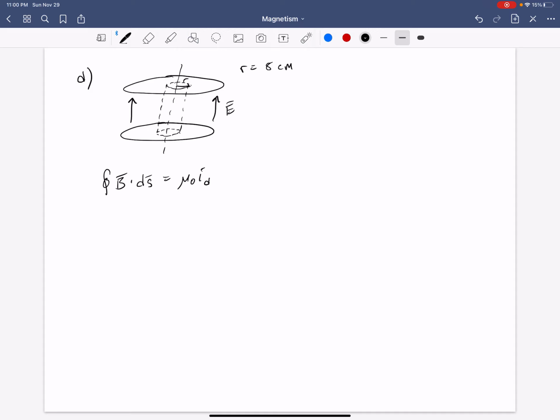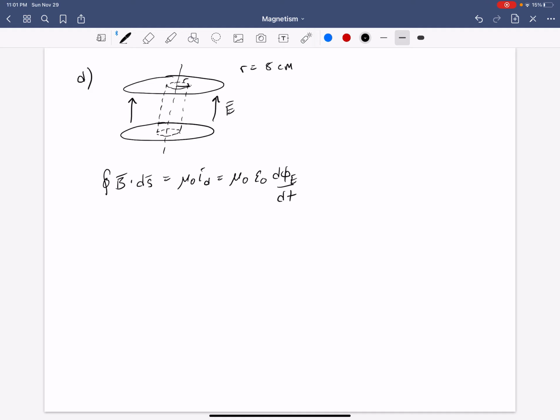And so embedded in here is the magnetic field, and we're saying that it is directly related to the electric field, specifically a changing electric field, right? Mu naught I_D is then mu naught epsilon naught d phi e dt, right?